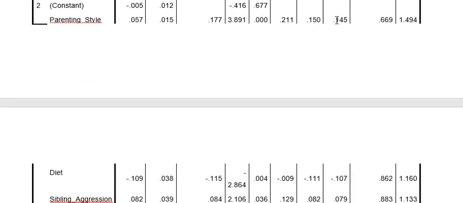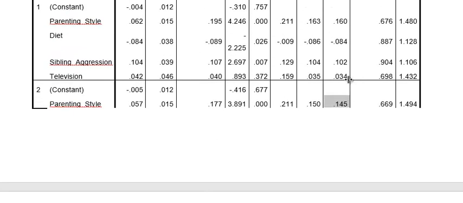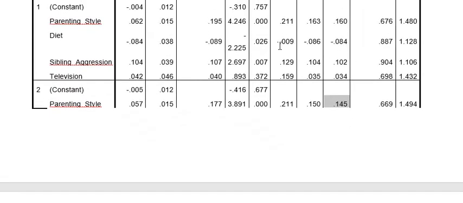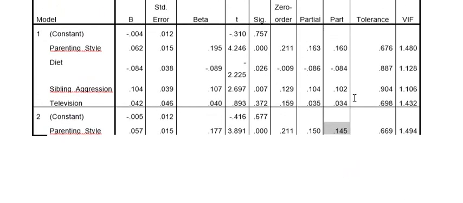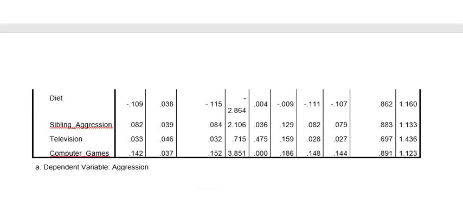And then here's the one with computer games. You'll notice that things changed a little bit. Parenting style went down a little bit. Diet went down a little bit. Sibling aggression went down a little bit. Everything went down a little bit. So in other words, that computer game variable seems to be overlapping with the rest of these variables.